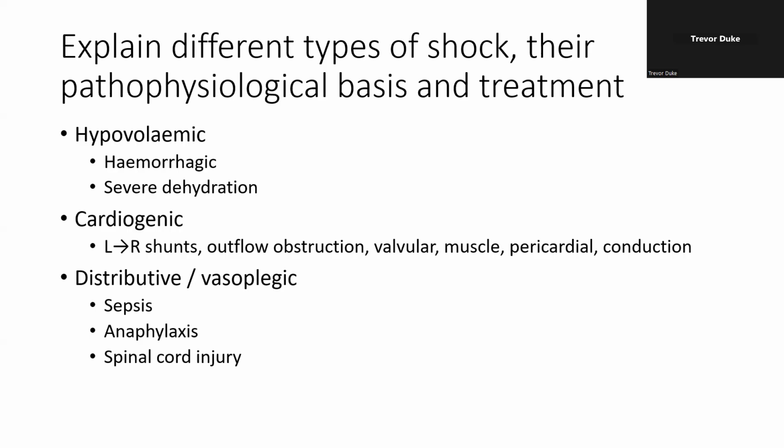Usually this spinal shock does settle down after a couple of days, but there's an initial period of spinal shock which needs to be managed appropriately, sometimes by using vasoconstrictors like noradrenaline or adrenaline that would stimulate the heart to go a bit faster.